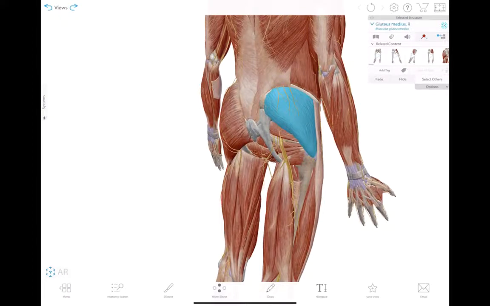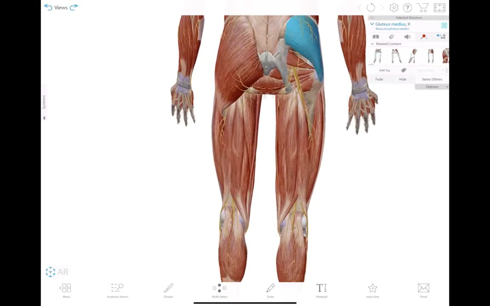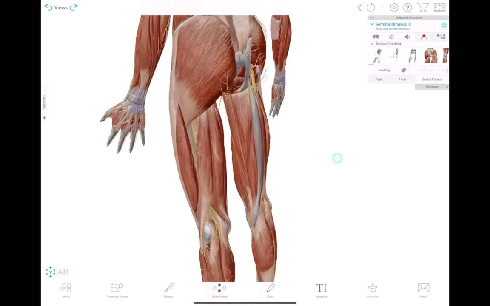Good. So now let's look at our hamstrings. All right. So these are the muscles of the back of the thigh. With our hamstrings, we'll start here with our biceps femoris. And so the biceps femoris is one of our hamstrings. We also have the semimembranosus and the semitendinosus. All right.